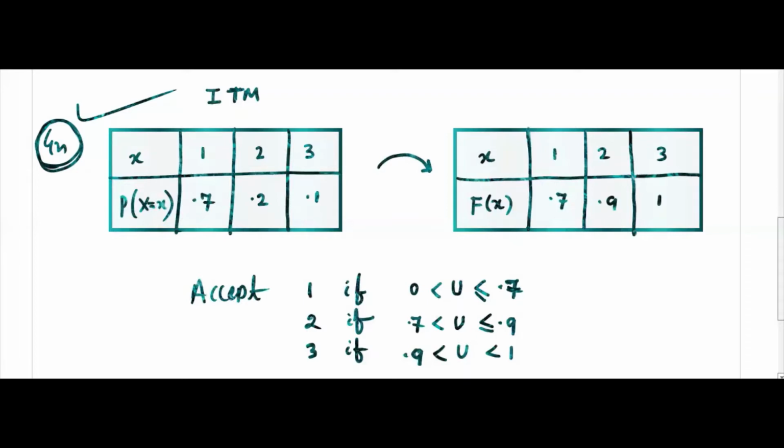If you roll a die, you will not get a 7, you will get 1 to 6. So you are correct, the numbers will be 1 to 3 only.